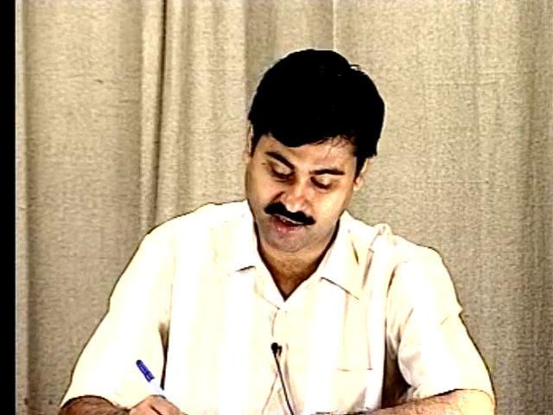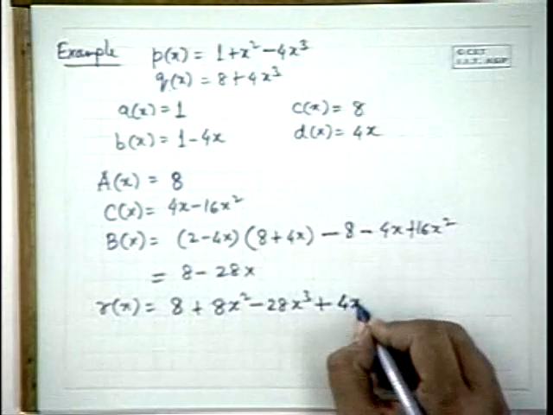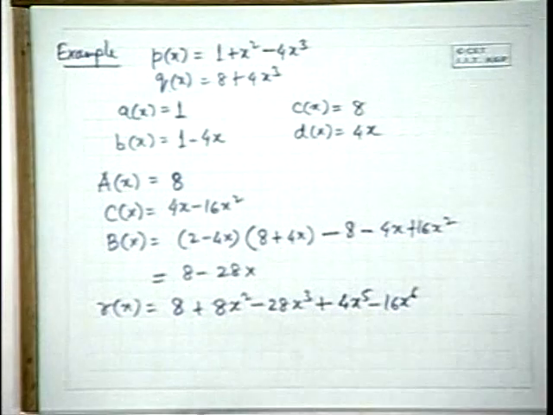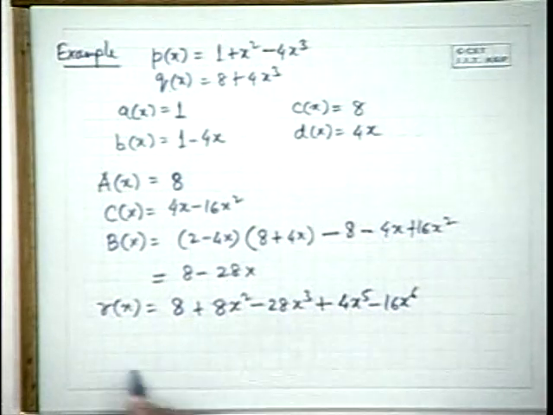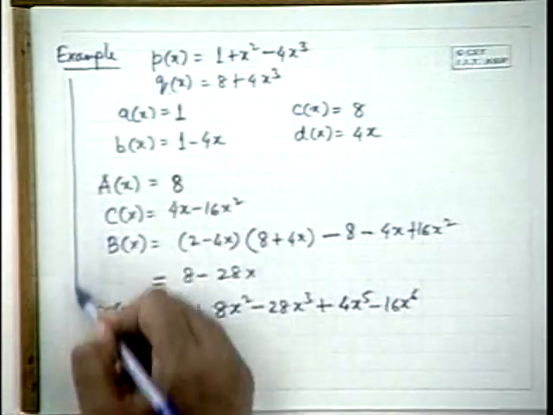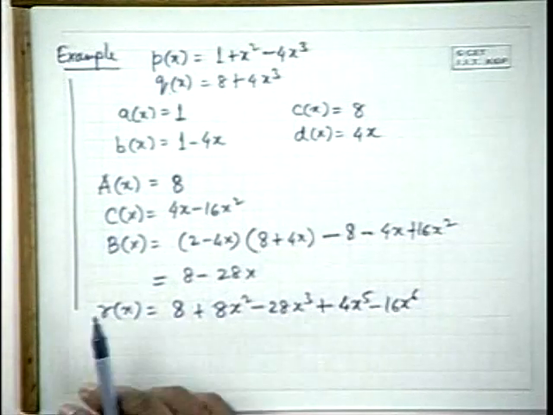So you get 4x to the 5 minus 16x to the 6. So this is your Rx. This is the way the algorithm proceeds. This is just an example.